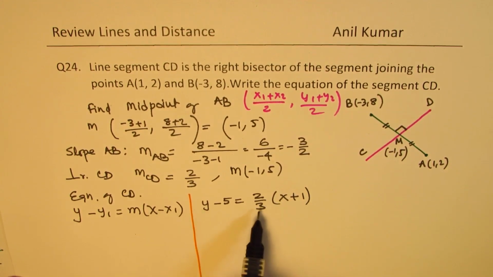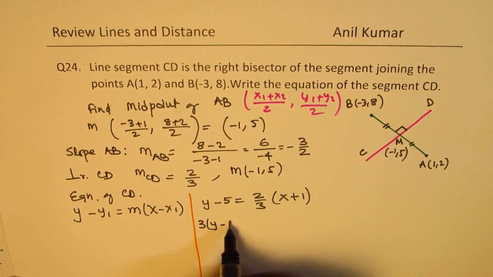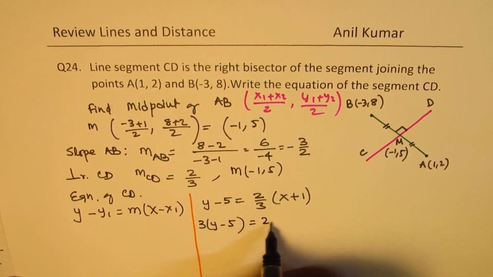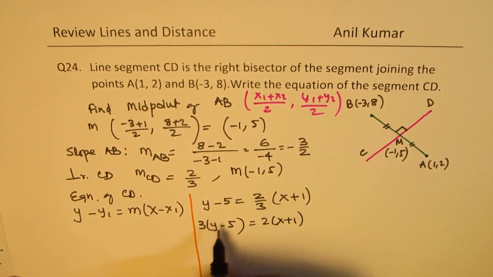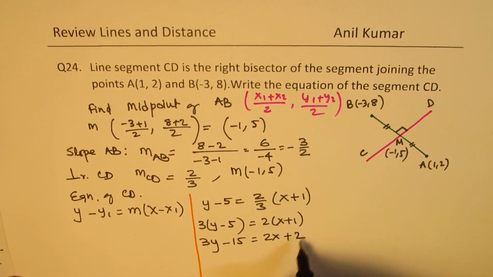Now this equation is very good. You can just cross multiply. So 3 times y minus 5 equals 2 times x plus 1. So we get 3y minus 15 equals 2x plus 2. Bring them together. So we have 0 equals 2x minus 3y plus 2 plus 15.